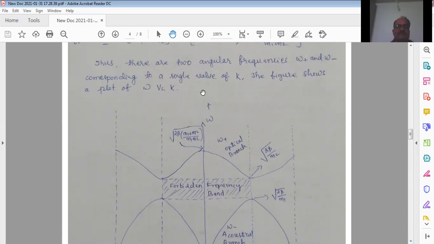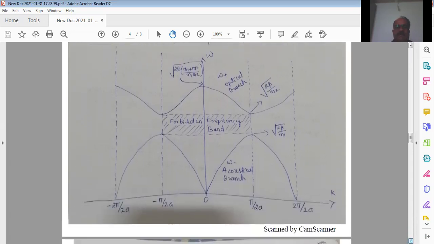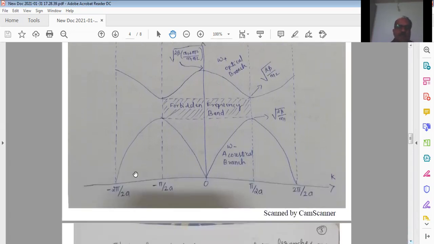The figure shows the plot of omega versus k, the dispersion relation for a diatomic lattice. Both the solutions, omega plus and omega minus, are plotted here. This curve is for omega plus, and this curve is for omega minus.